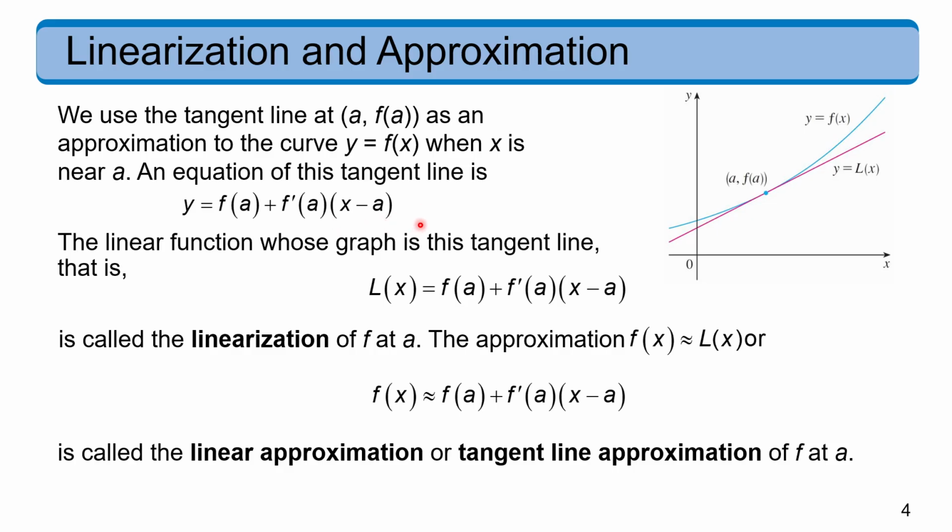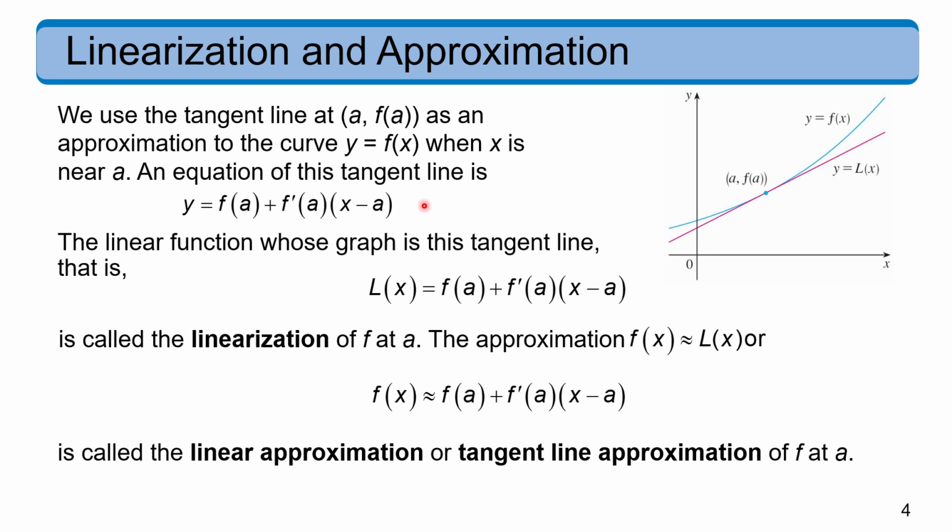Remember, the slope is given by the derivative, and you have to plug in the x value of your point into the derivative. So f prime of a, that's the slope. And so we had y minus the y coordinate of your point equals the slope times x minus the x coordinate of your point, and then we solved it for y by adding f of a over to the right side. So we've done this derivation before.